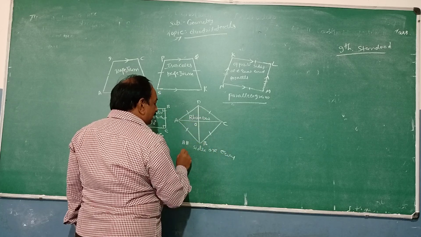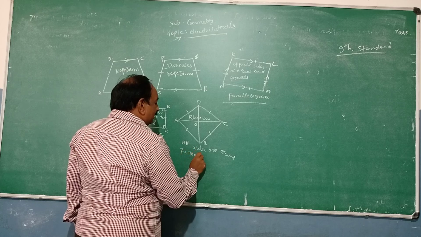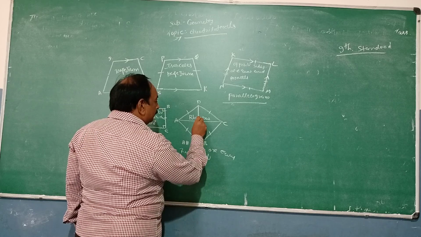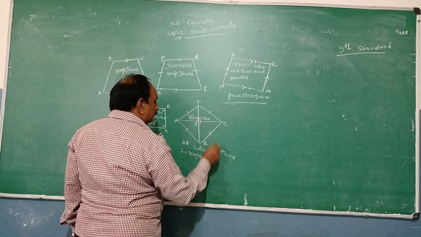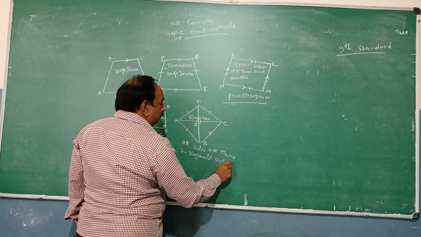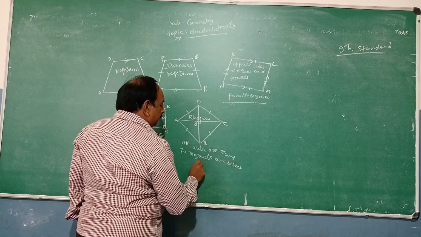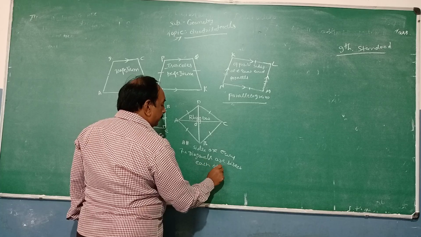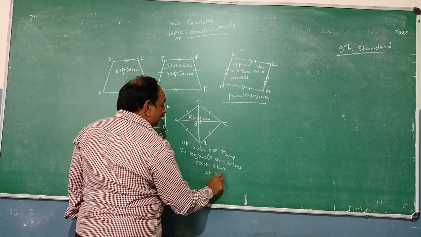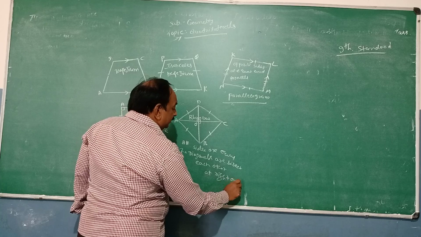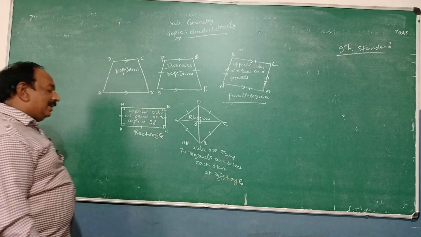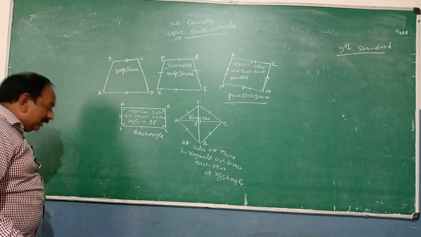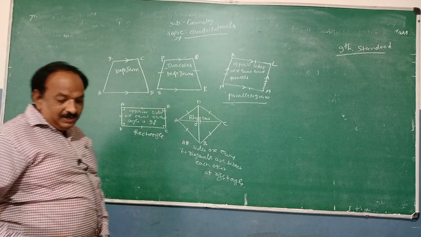AC and BD are the diagonals. The diagonals bisect each other at right angles. All sides are equal. We call it a rhombus.